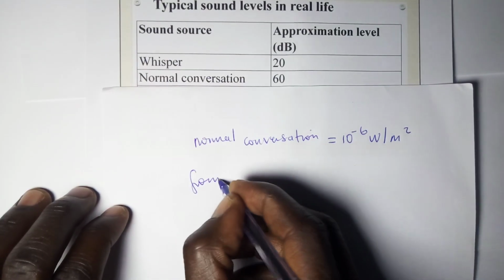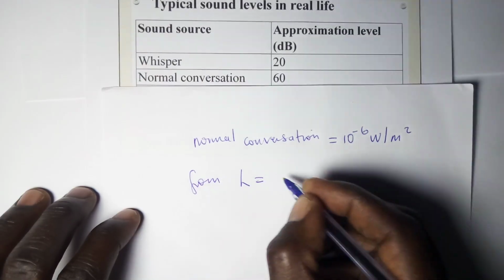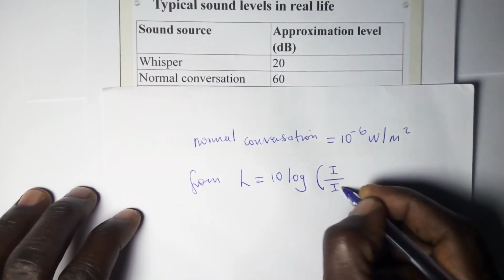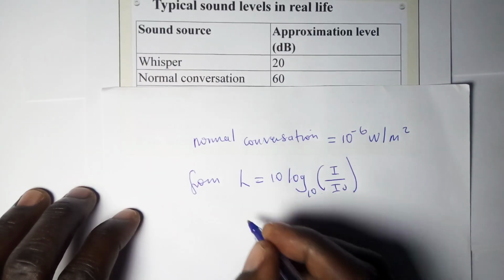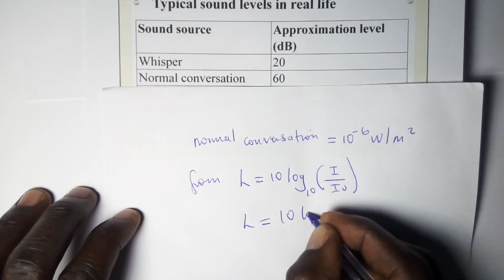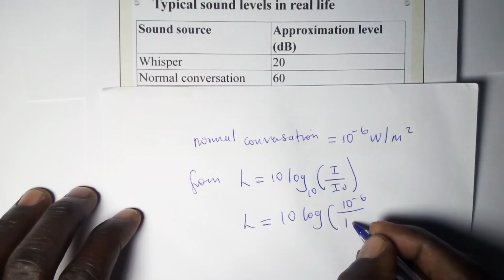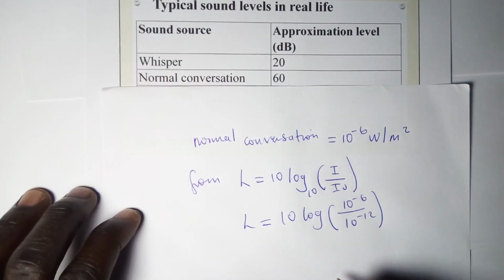From L equals 10 log of I over I naught, that is 10 log of 10 power negative 6 over the reference, the threshold.